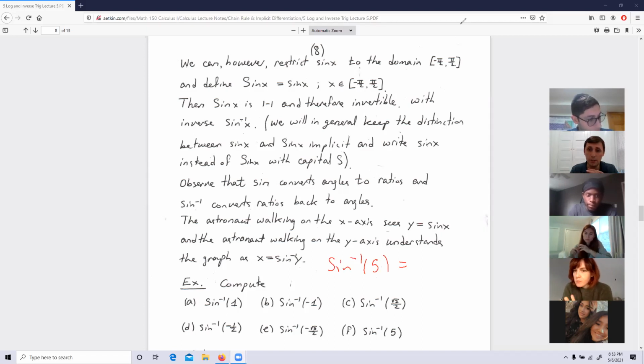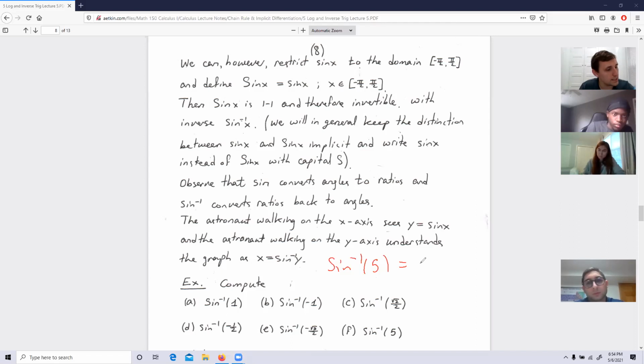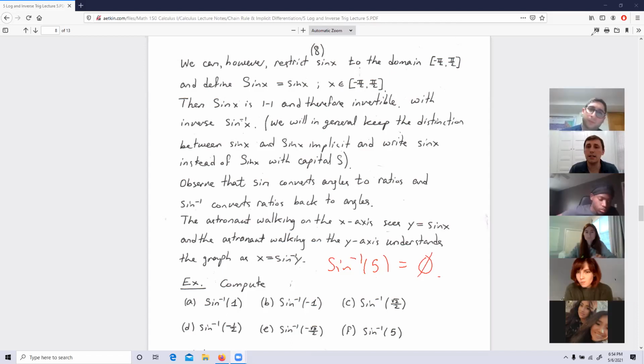Should be 23 people. And the answer is, of course, that this does not exist, right? There is no way to reverse, because such an output will never have been produced by sine. Sine is always a number between -1 and 1.